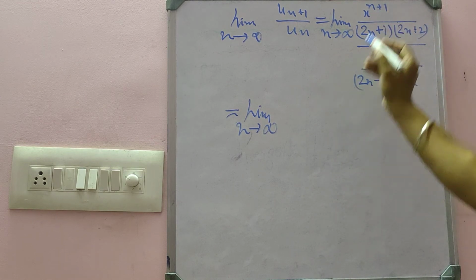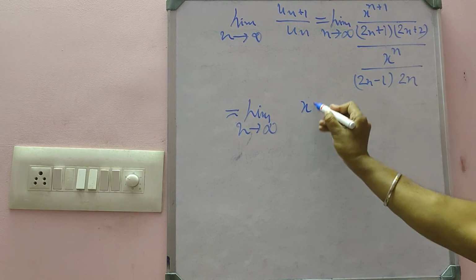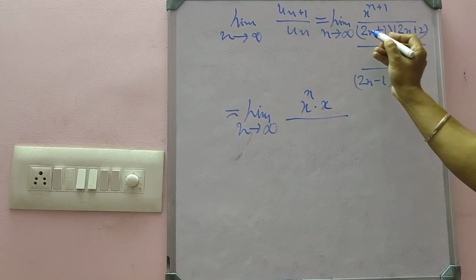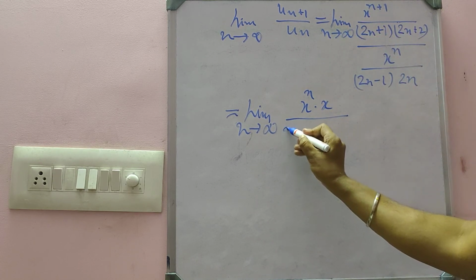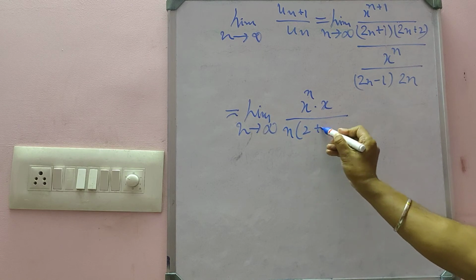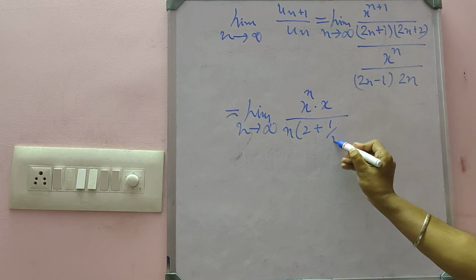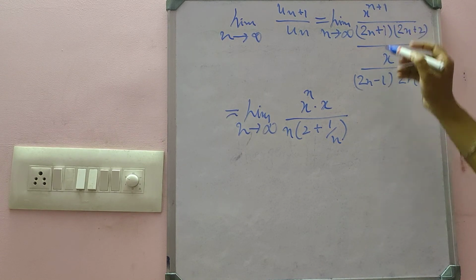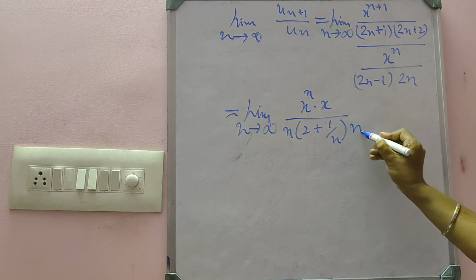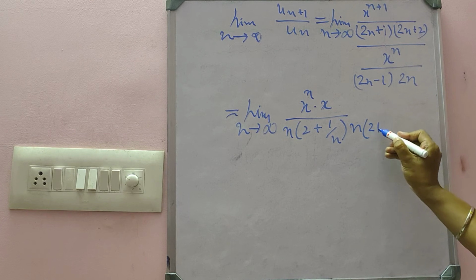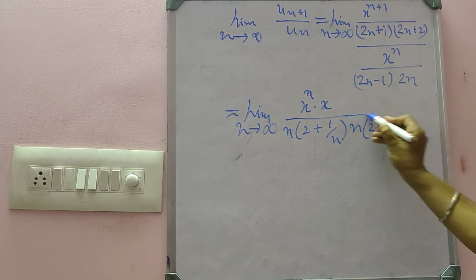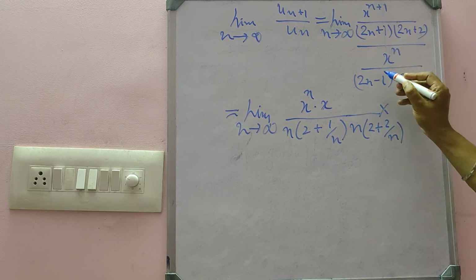Here x power n plus 1, we can write as x power n into x, divided by, here take n common, it becomes 2 plus 1 by n, and in 2n plus 2 also take n common, it becomes 2 plus 2 by n, and the multiplication sign, and this take out.